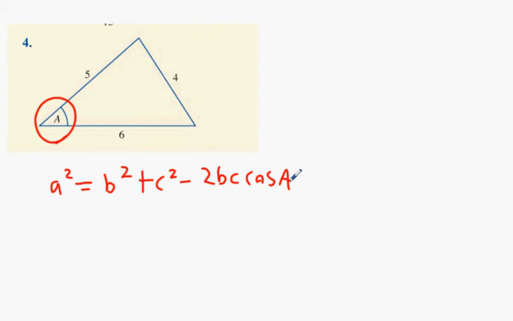Now, what I ask you guys to remember is this. See this 2bc cos A business here? That is linked together by multiplication. Multiplication's like glue. Alright? You can only undo multiplication by division, or cross multiplication. That part there is stuck together like glue, and you've got to take that apart separately, okay?